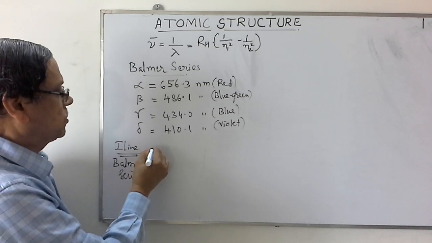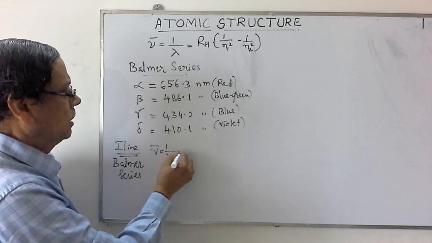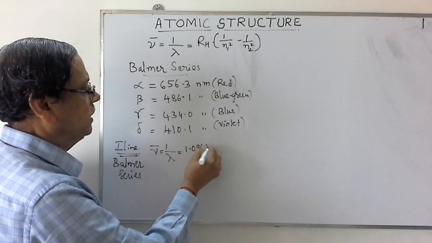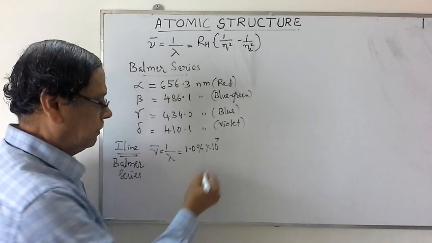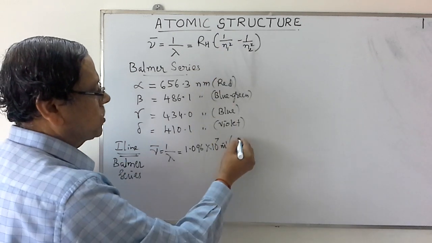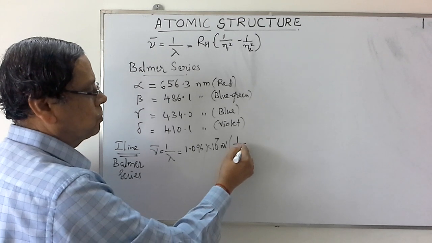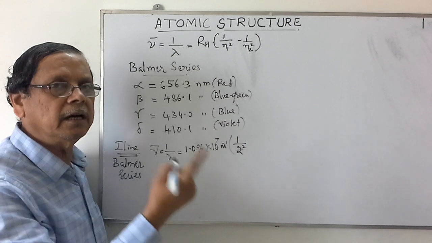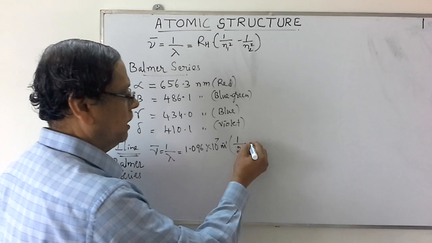So here you substitute nu bar is equal to 1 by lambda is equal to RH, which is given as 1.09678 into 10 to the power 7 per meter. This is expressed in terms of per meter, into 1 by n1 square. n1 is actually 2 for this Balmer series, so it is 2 square. The first line is the transition between the third and second orbit, third energy level to the second energy level.